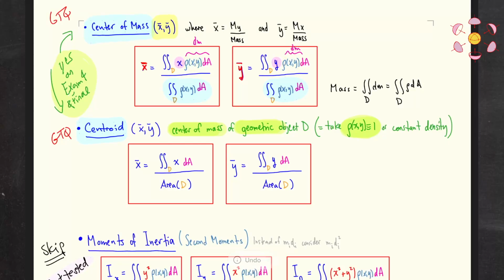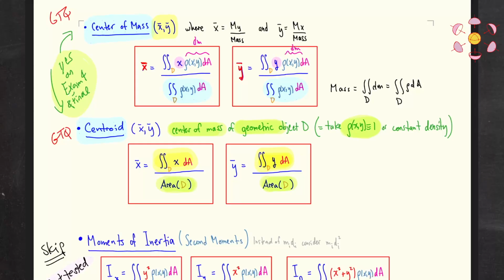And in the denominator, instead of having a density function, you end up just doing the integral of little tiny chunks of dA, which simplifies geometrically to area. And of course, we've got these formulas where it's x times dA and y times dA in our integrals in the numerator.